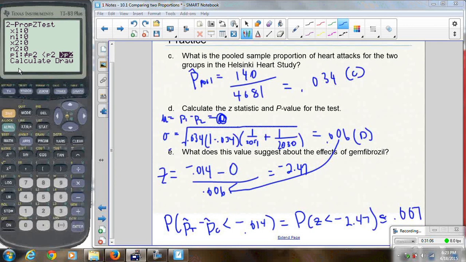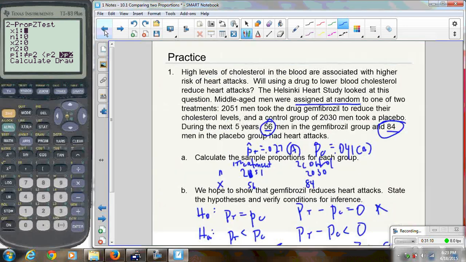Now, when you're entering in your data, notice that it's asking for x1 and n1, not p-hat. So you want to make sure that you're always entering in the number of successes, and it has to be a whole number. For example, if I just said that 2% of my first group and 3% of my second group, if I actually try to do 2% and it's not a whole number, you'll have to round. So in this case, again, I'm going to try to be consistent.